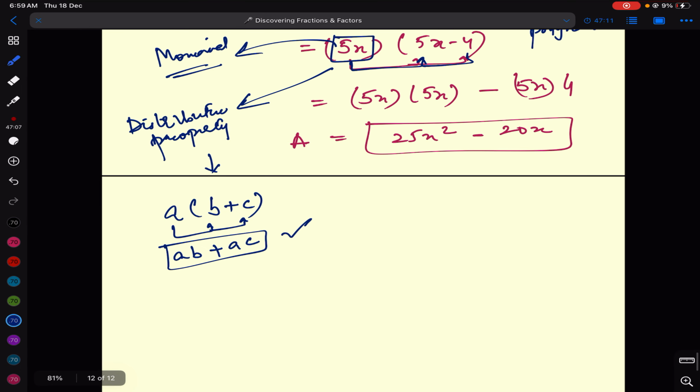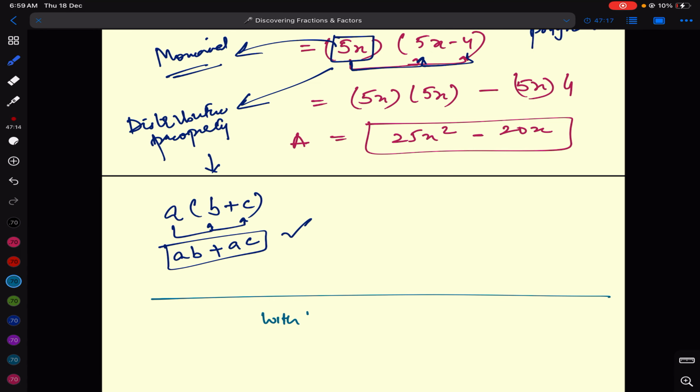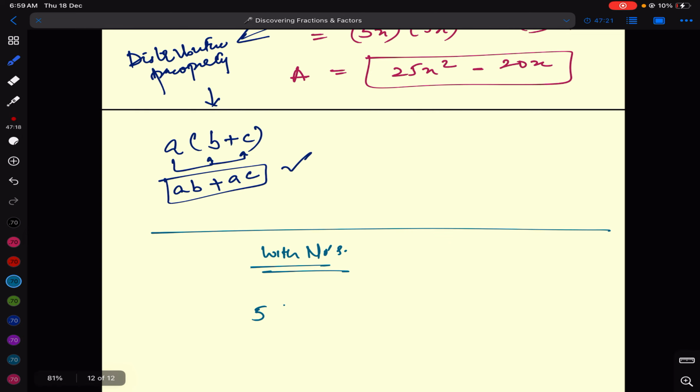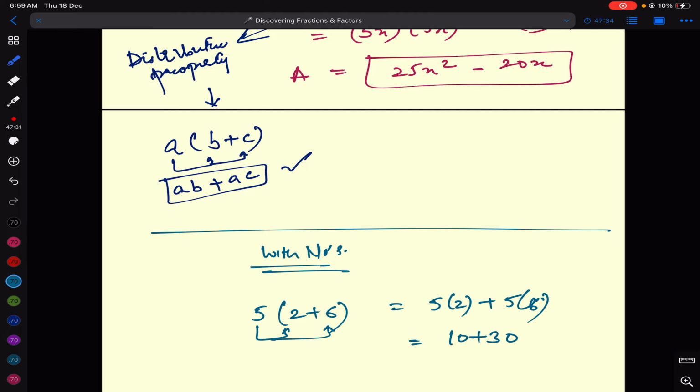Now this was when we applied the distributive property with respect to terms. We can also have it with numbers. So that is going to be 5 multiplied by 2 plus 6. This 5 is going to be distributed to each of them, so it will be 5 times 2 plus 5 times 6, which is 10 plus 30, and that is 40.